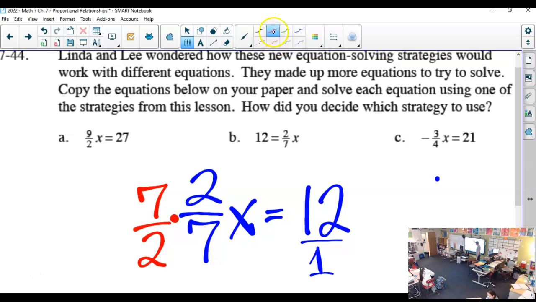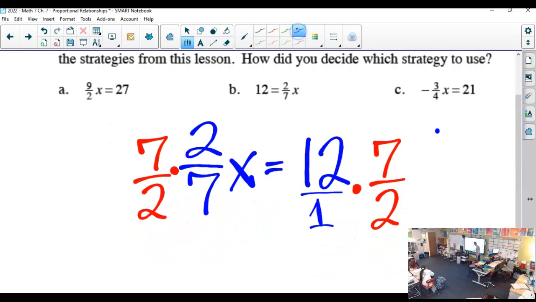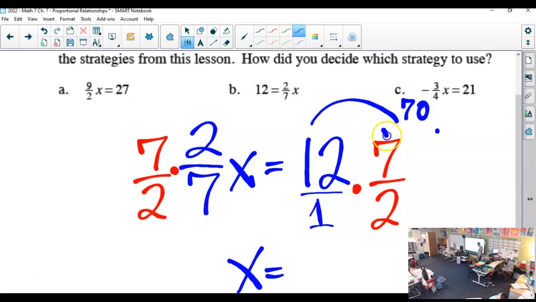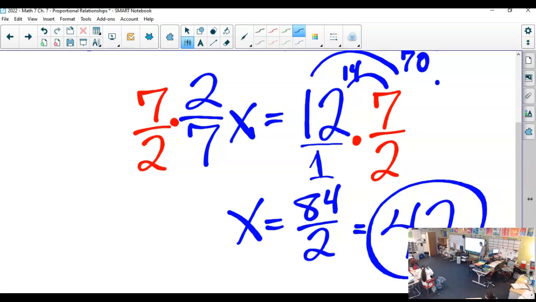And now I can do that multiplication. It's 70 plus another 14. Yeah, 84 over 2. So x is 42.